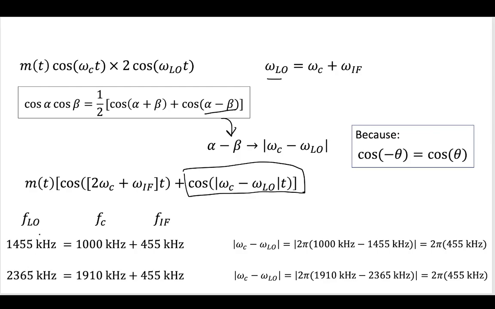So going back to the two channels that we're interested in, 1455 and 2363, we can see that, due to this absolute value and this cosine property, the absolute value of 1000 minus 1455 is the same as the absolute value of 1910 minus 2365.